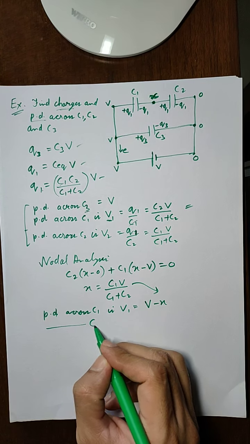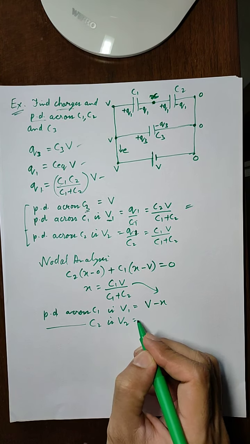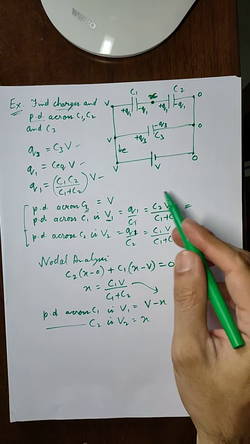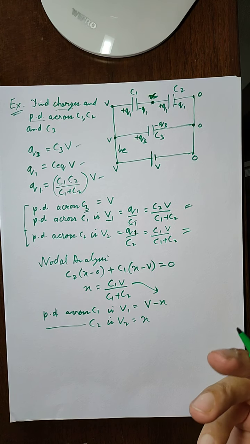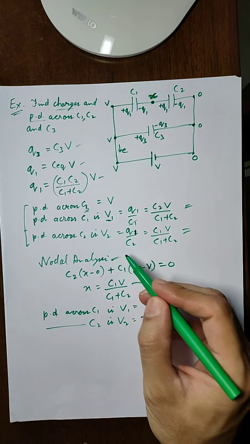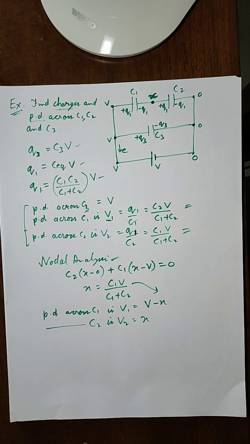Similarly, the potential difference across C2 will be V2, which is equal to X minus 0, or X, and you can see that these two results are the same as we got in the earlier section. So you can see that, whatever is easier for you, by using nodal analysis or by using this concept, you can solve the numericals in more than one way.